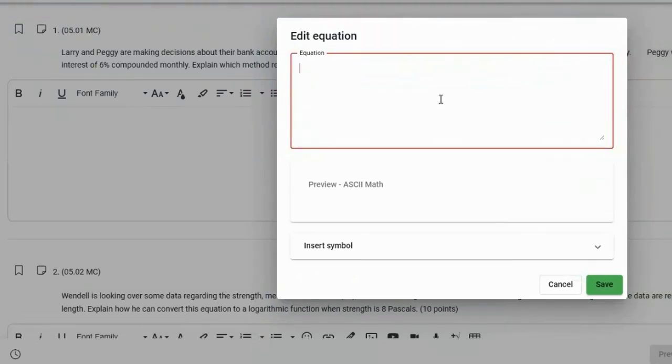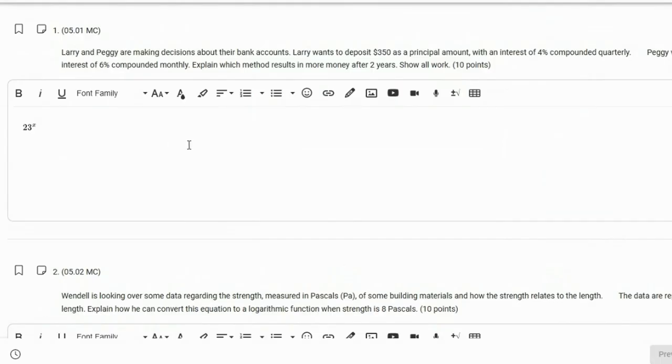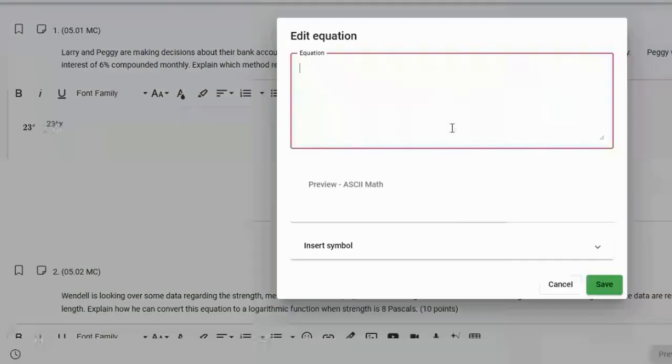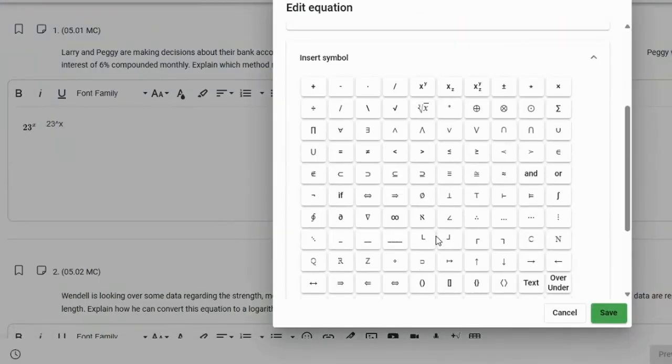If I'm going to do an exponent, 23 raised to the power of x, it'll actually make it look raised to the power of x. It looks right when I use the insert equation, rather than just typing 23 raised to the power of x. See, that looks different. This looks right, especially when doing logarithms. There is also insert symbol.